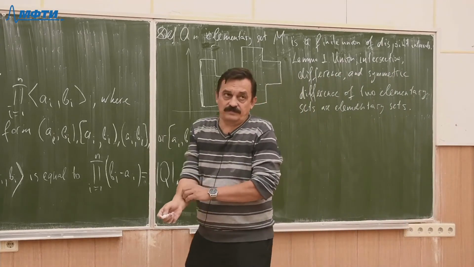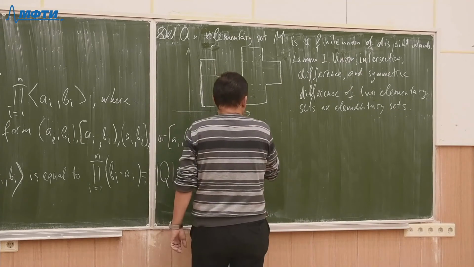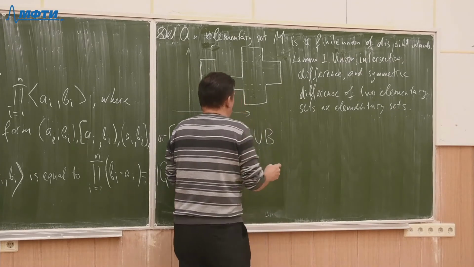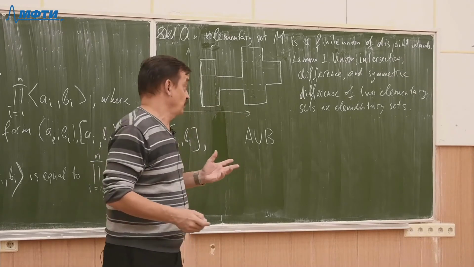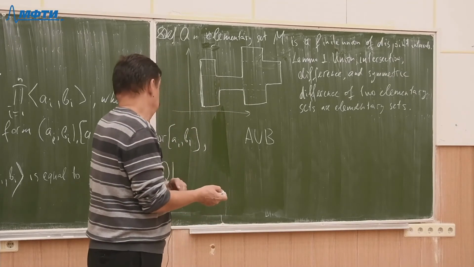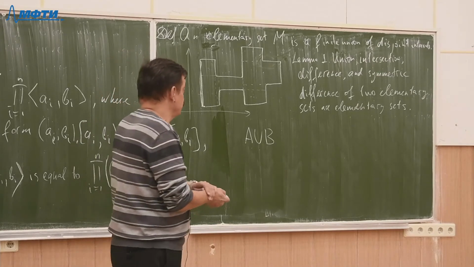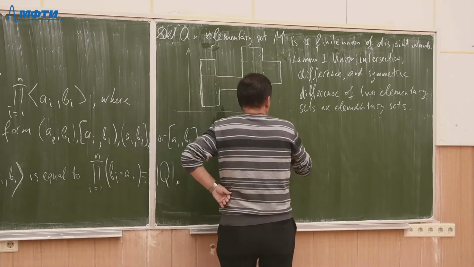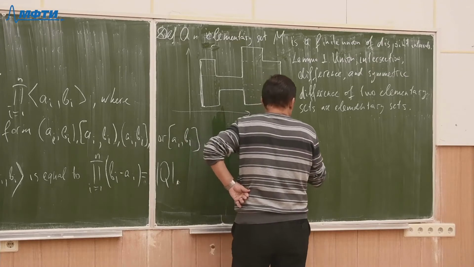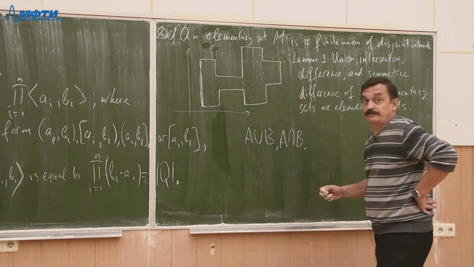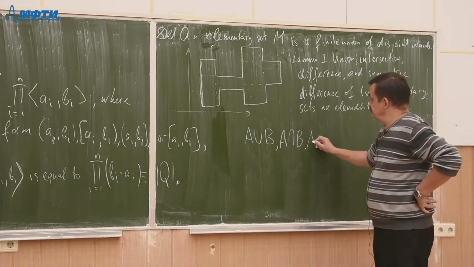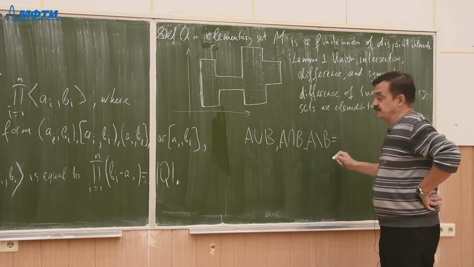So, okay, with union it is more or less obvious, right? Although, again, you need to spend the time for a rigorous proof. For intersection also. In fact, for intersection it's even easier. Difference. What is difference?